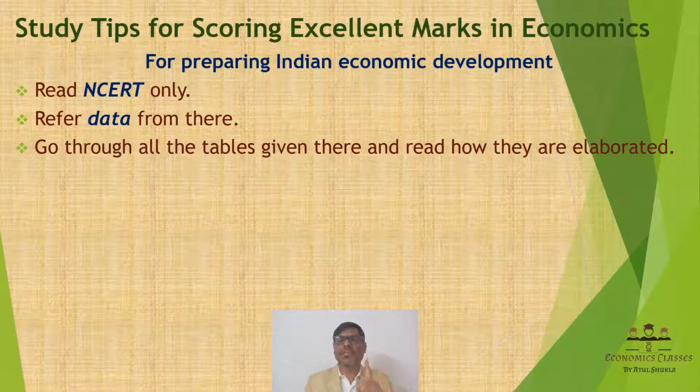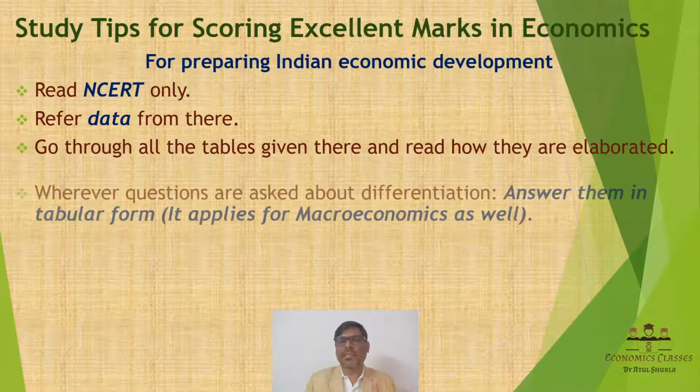One such question is 100% there in the final paper, I am telling you. इस तरह की जितनी भी टेबल्स हैं, 6, 7, 8, 10 टेबल्स होंगी पूरी बुक के अंदर. आप वो सारी टेबल्स देख लो, उनके नीचे कैसे एलिब्रेट किया गया है, उसमें आपको रटने की जरूरत नहीं, because all those numbers which are given in the table and the diagram and the graph which is made, only that is to be explained, but you need to read how they are elaborated. And one such question, as I'm telling you, a 6 marker is a must in the examination.